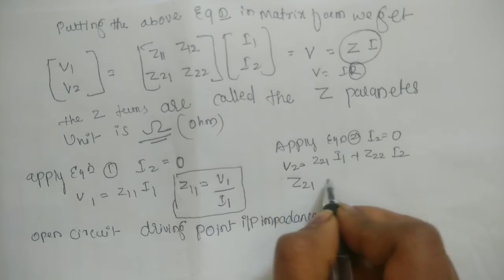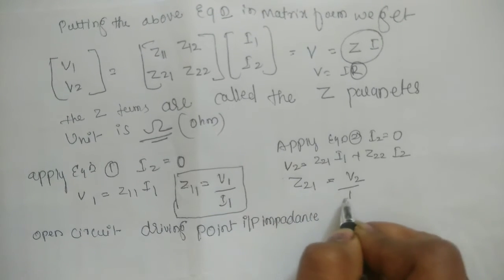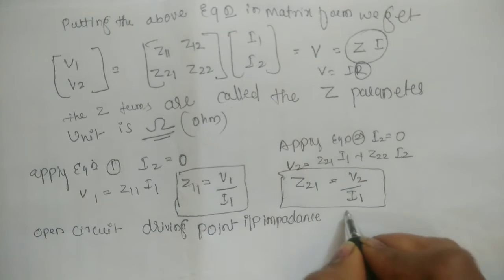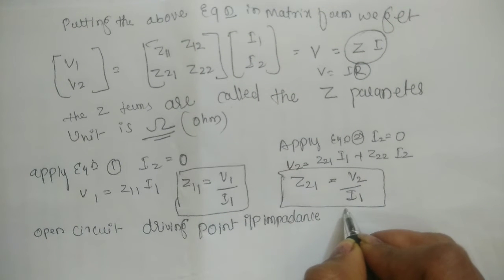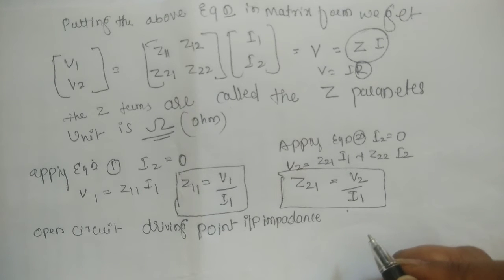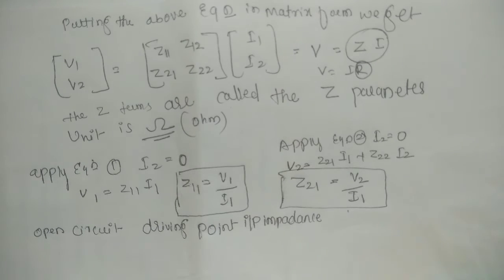Z21 equals V2 by I1. We call this the transfer impedance, otherwise open circuit.